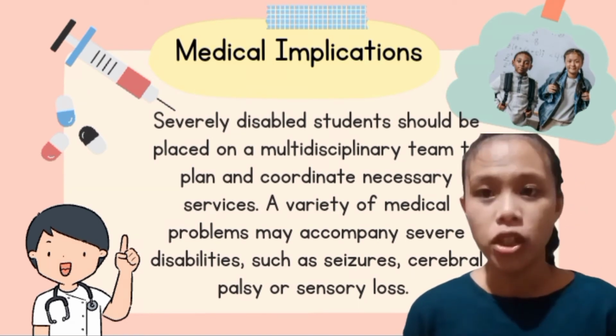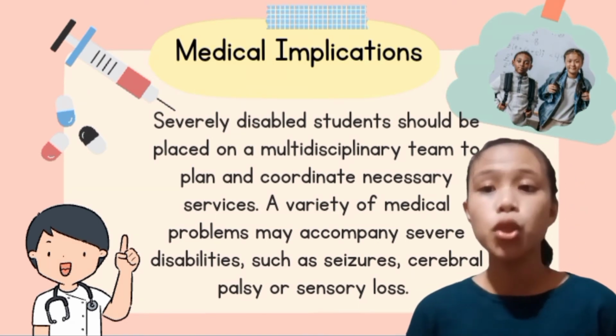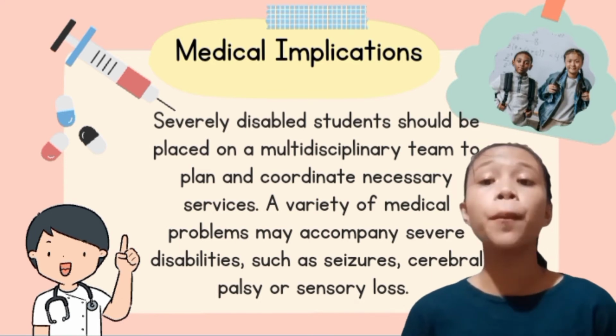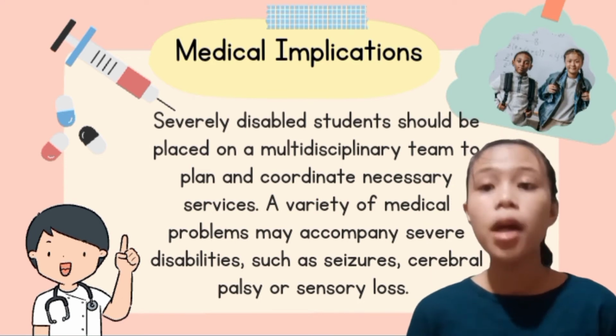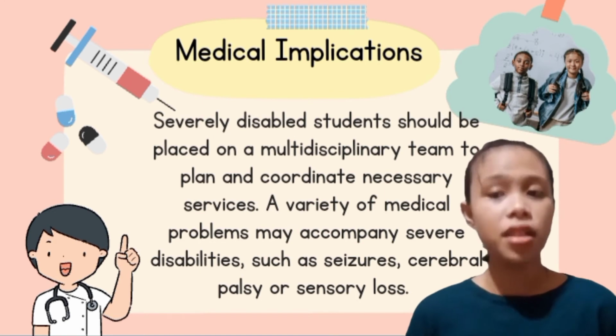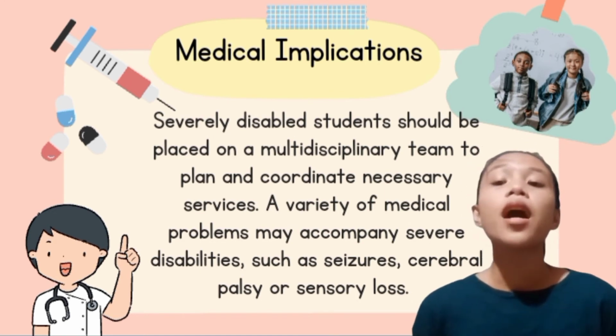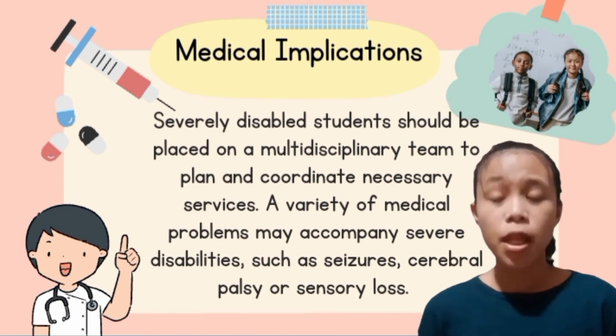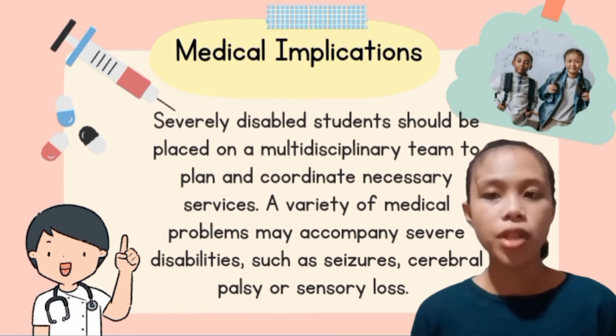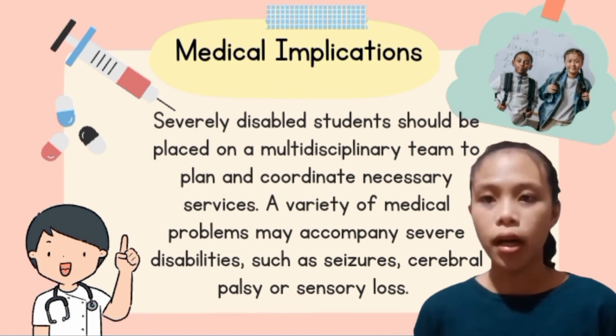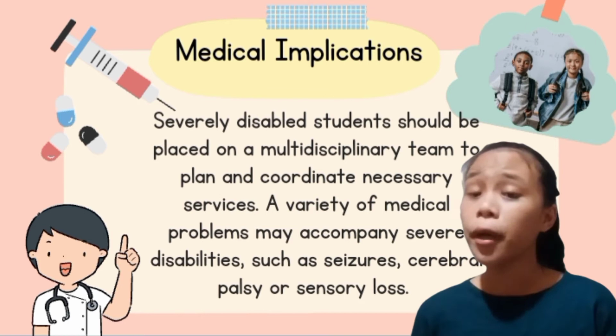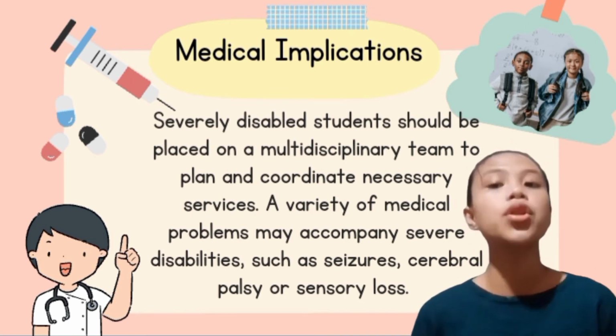Medical implications. Severely disabled students should be placed on a multidisciplinary team to plan and coordinate necessary services. A variety of medical problems may accompany severe disabilities, such as seizures, cerebral palsy, or sensory loss.